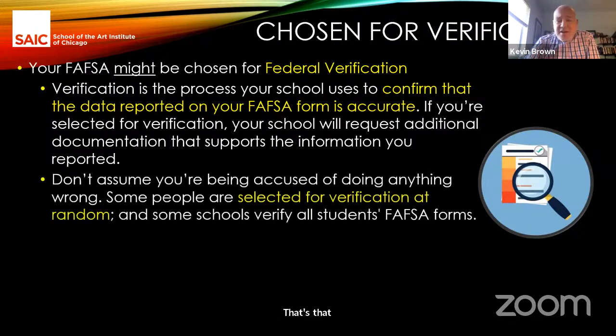Don't assume you've done anything wrong. Some students are chosen at random. Some schools will actually choose all students for verification. Every school is a little different, but if the school or college is asking for any additional documentation from you, please make sure that you respond as soon as possible.